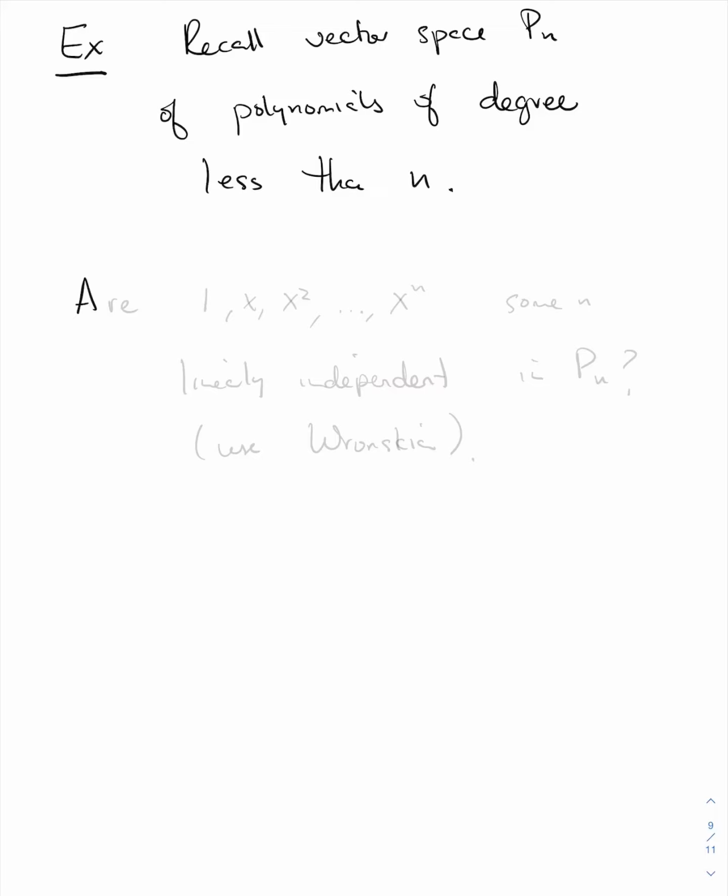Are the functions 1, x, x squared, all the way up to x^n for some n, linearly independent in this vector space? Of course, I want you to use the Wronskian.